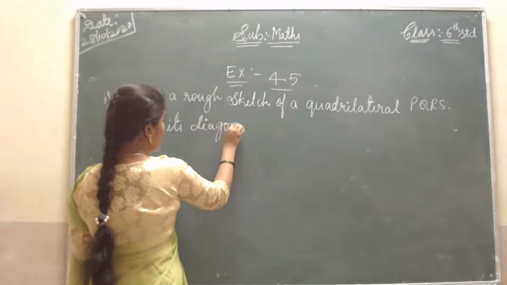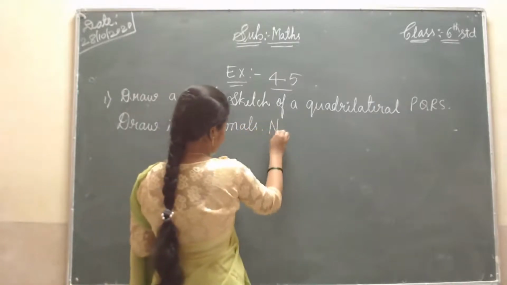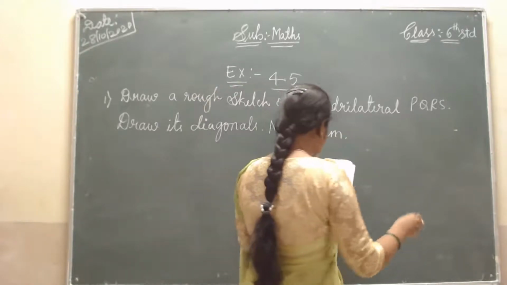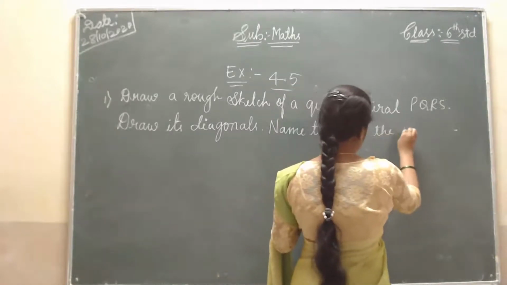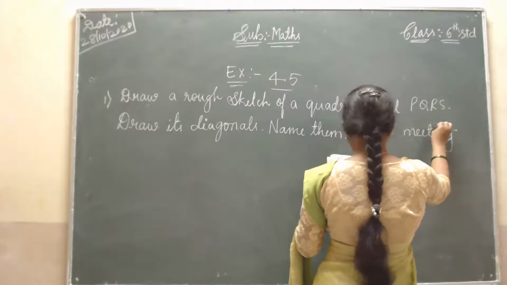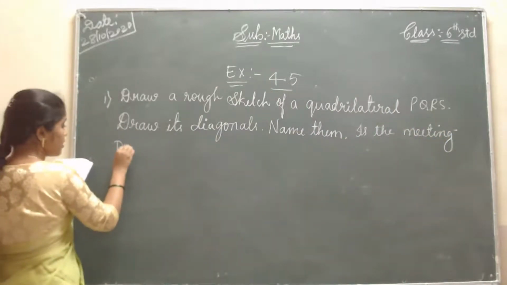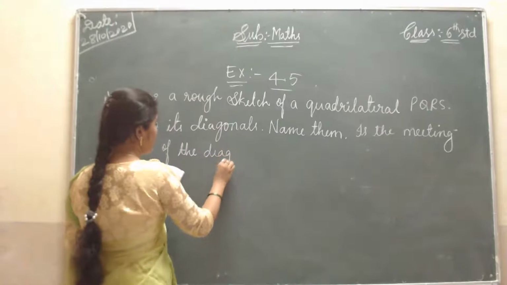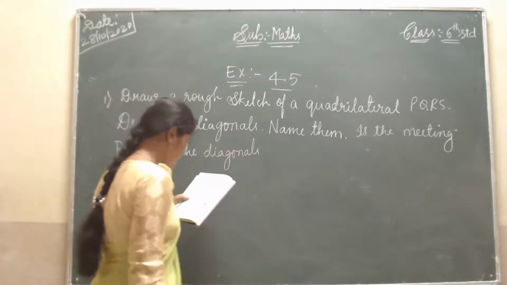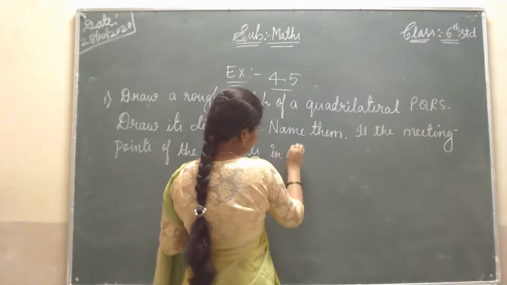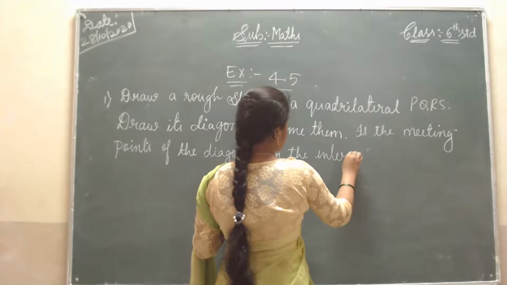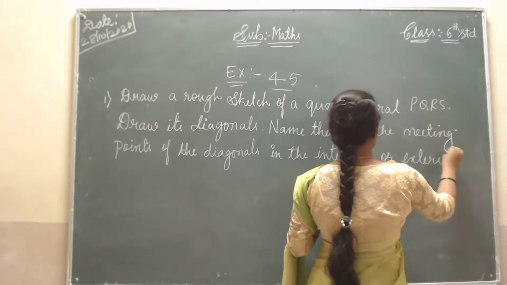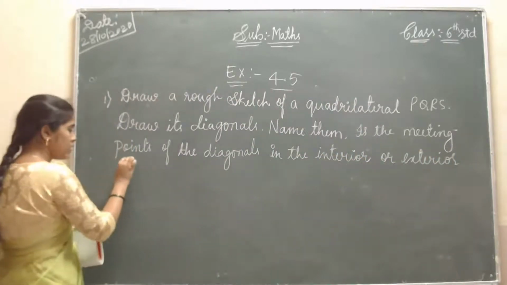Name them. Is the meeting point O of the diagonals in the interior or exterior of the quadrilateral?